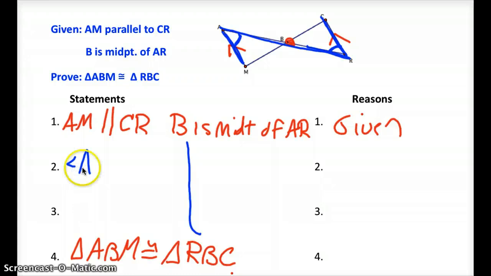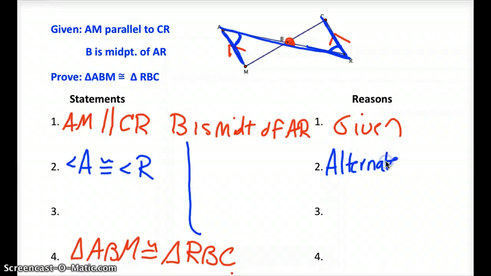Angle A is congruent to angle R. Now that's alternate interior angles, and we should really be writing alternate interior angles theorem.